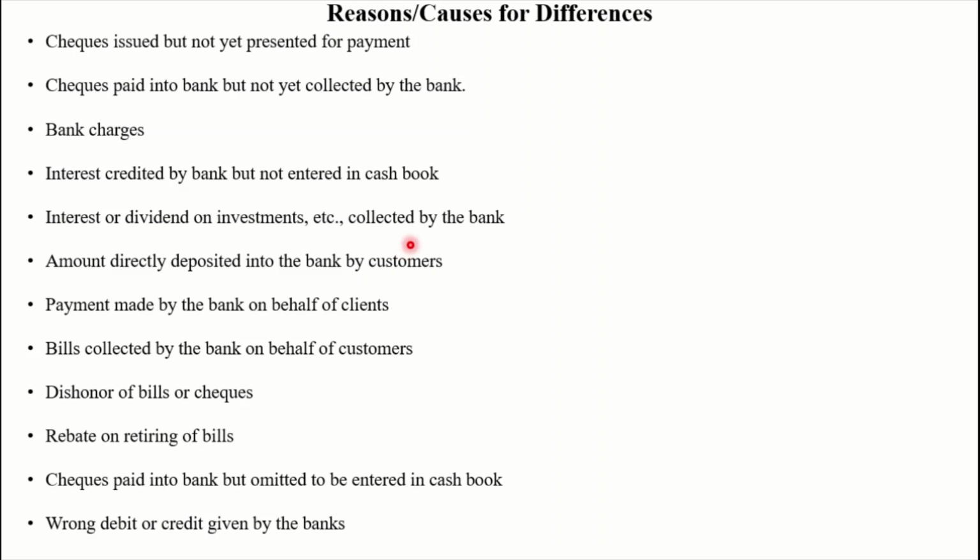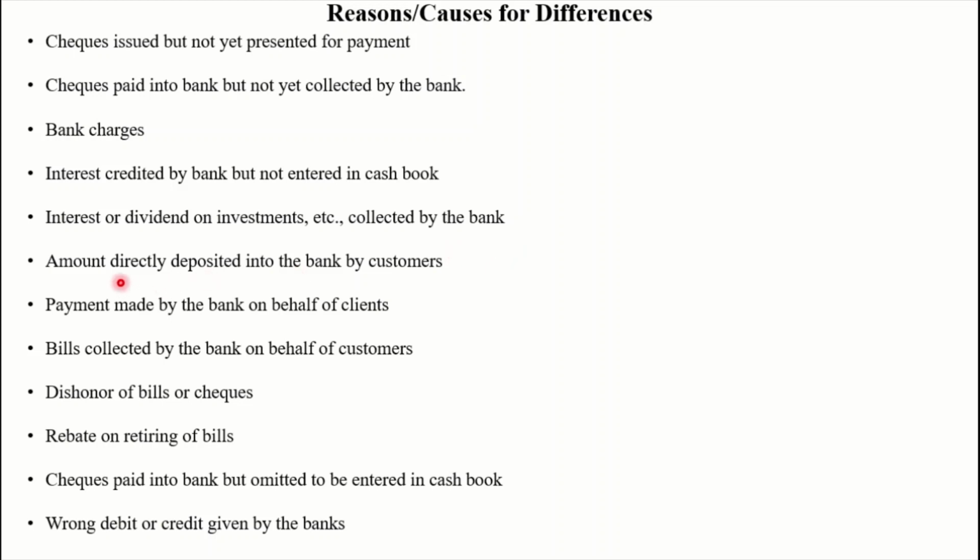Whereas there may be no entry of such transactions or income in the cash book of the businessman for want of information. That is the reason there may be a difference or increase in the balance of the bank account as compared to the bank column of the cash book.